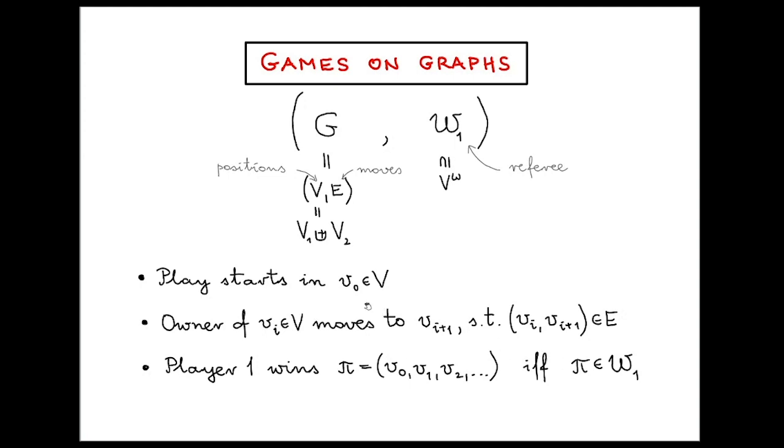Let's be very specific. They start in some dedicated vertex, let's call it V0, and then whenever the current vertex Vi belongs to the set of vertices owned by player 1 or 2, the owner of the vertex moves to another vertex which happens to be connected by a directed edge from the current vertex, and then the next vertex becomes the current vertex.